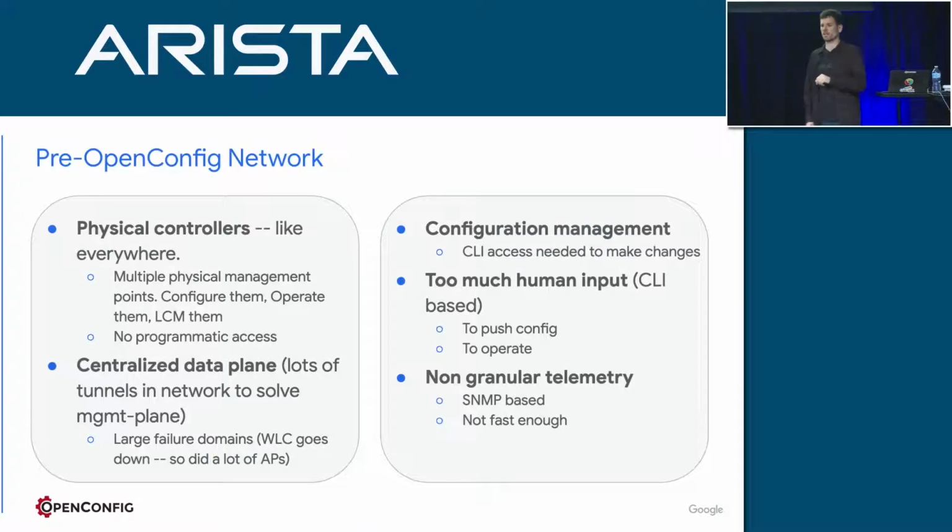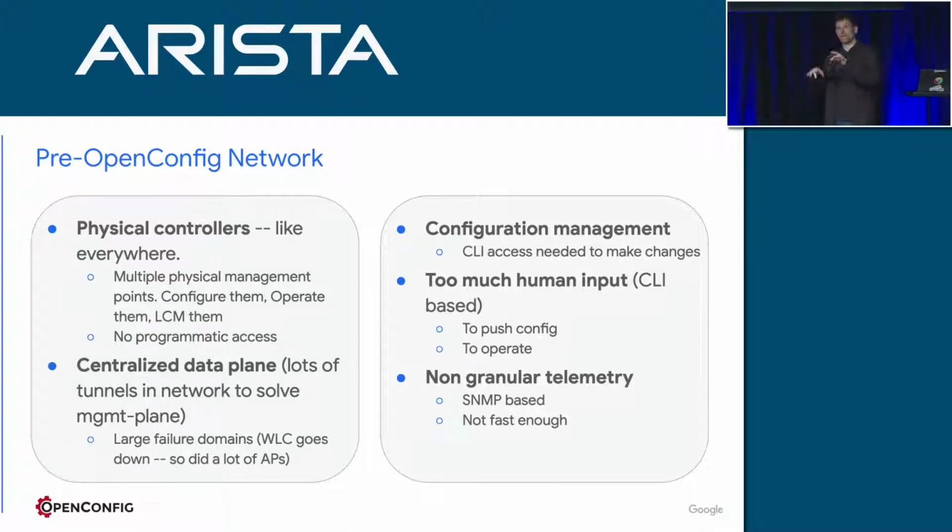All right, so what did the network look like before? Well, we had controllers everywhere, lots of them. If anybody's familiar with the wireless LAN controller, why does that even exist? There are a number of reasons, but one of the major reasons why we funnelled all our traffic through one pair of controllers, why did we centralize that data plane? It was really to solve a management plane problem.